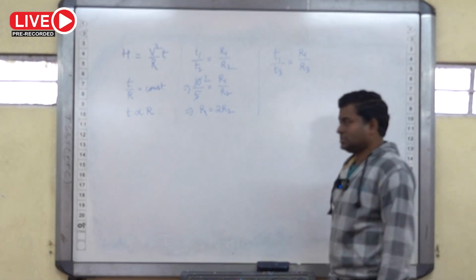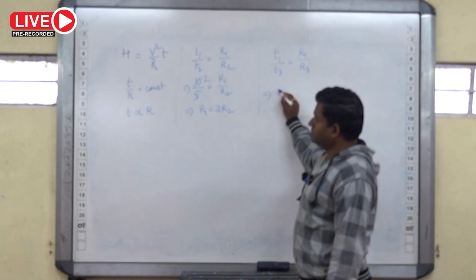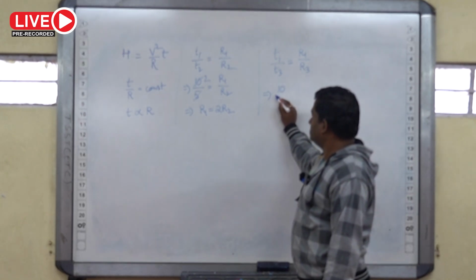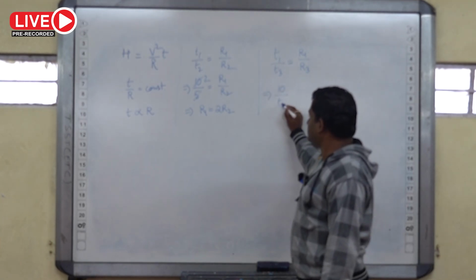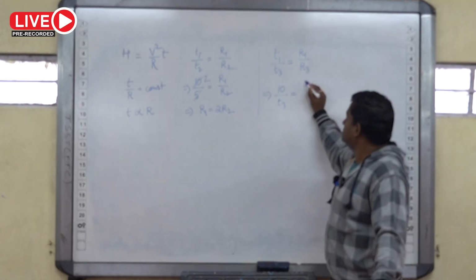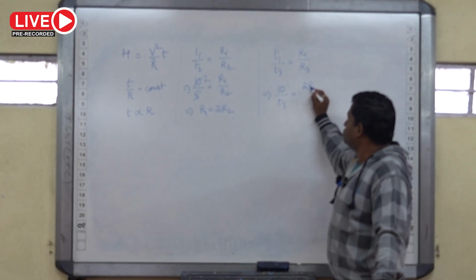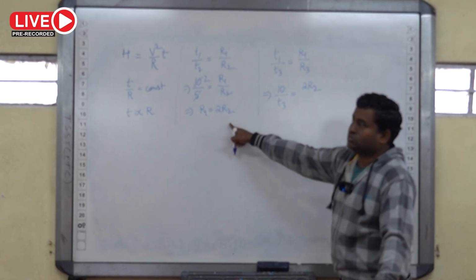T1 is 10, T3 we have to calculate, and R1 is 2R2.